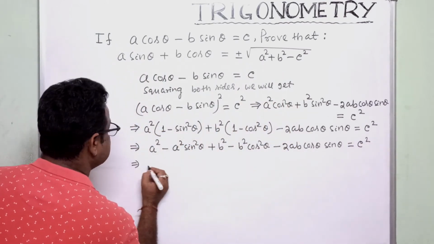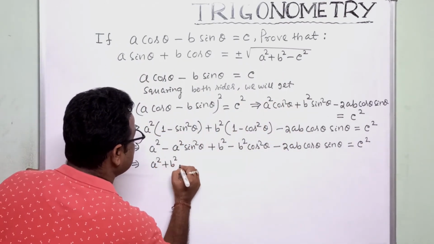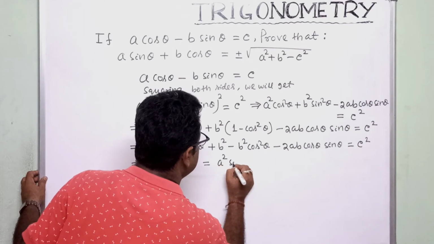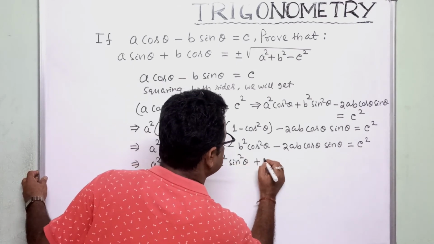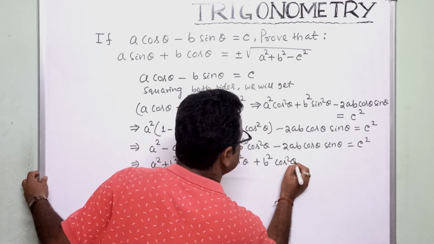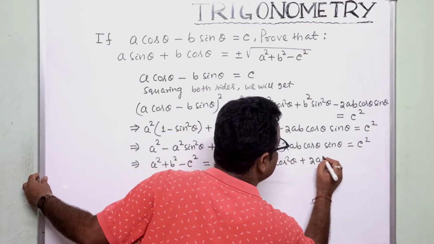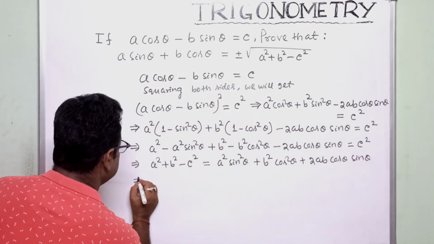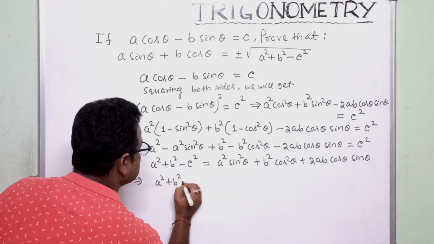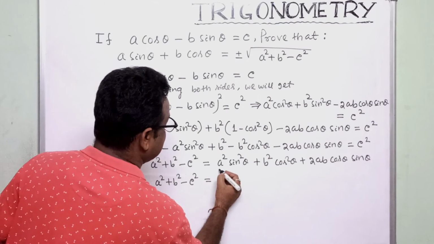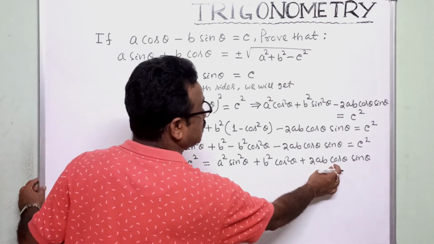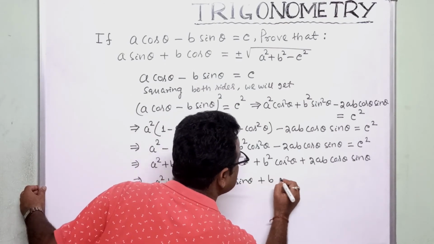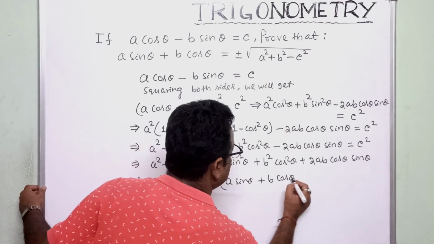Now that implies a square plus b square minus c square is equal to, coming to the right side, a square sin square theta plus b square cos square theta plus 2ab cos theta sin theta. Okay, that implies a square plus b square minus c square is equal to a square sin square theta plus b square cos square theta plus 2ab cos theta sin theta, that is equal to (a sin theta plus b cos theta) whole square.